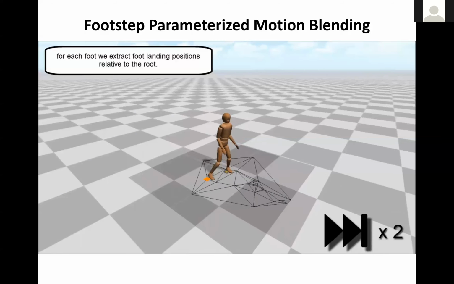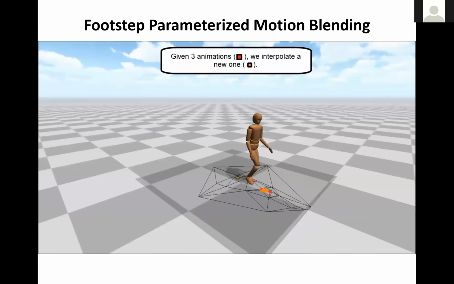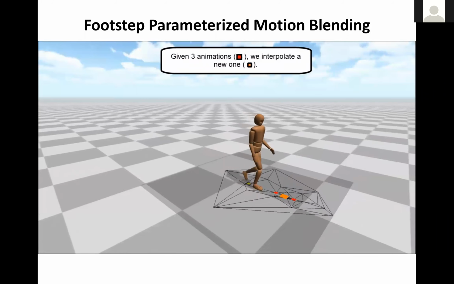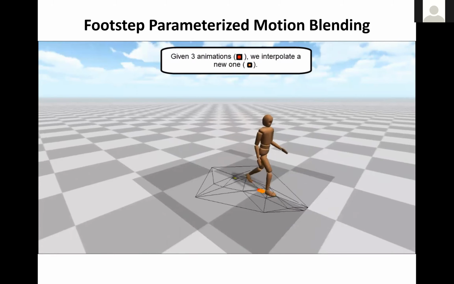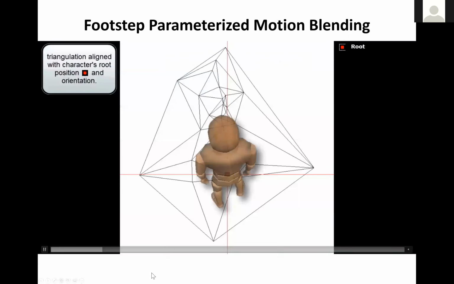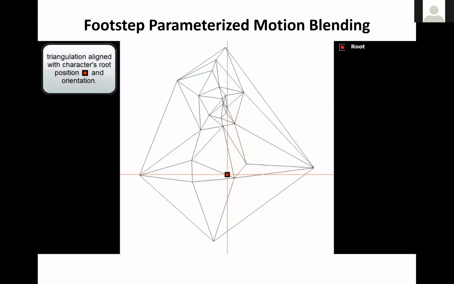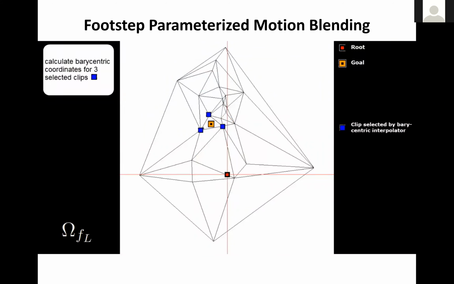I won't go into any details here, but at a very high level, we're taking a collection of motion capture data that corresponds to different footstep decisions, and we're generating a blended motion representation. In this triangulated representation on the ground plane, each point in the triangulation represents a specific motion capture, and it corresponds to a specific location where you can plant your foot.